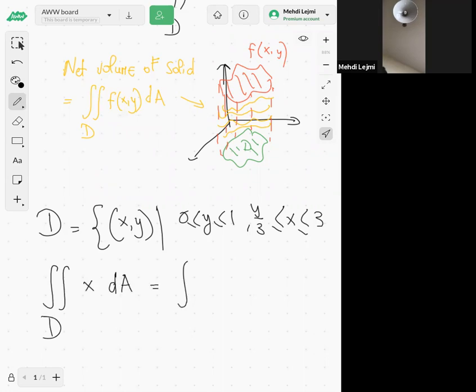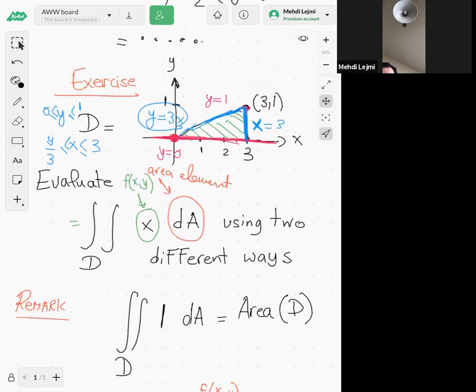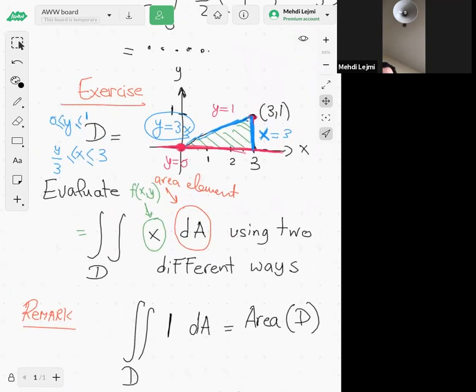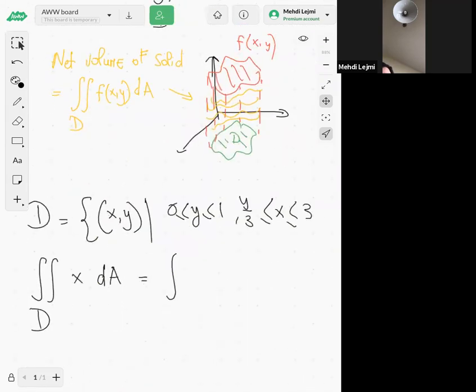You can integrate first with respect to x. My function is x. So x first, and then y.